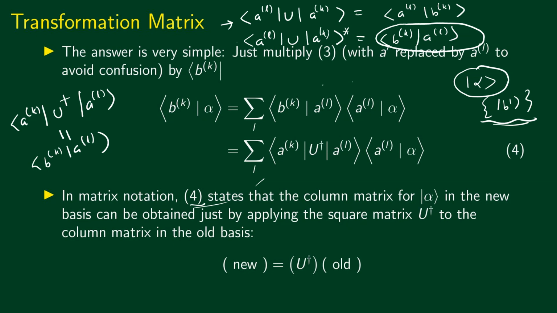We had the components of a vector a_x, a_y, a_z, and the components of the same vector in another basis, a_x prime, a_y prime, a_z prime. We saw that these were related by a rotation matrix. The similar kind of logic works here also. So that's the transformation matrix.